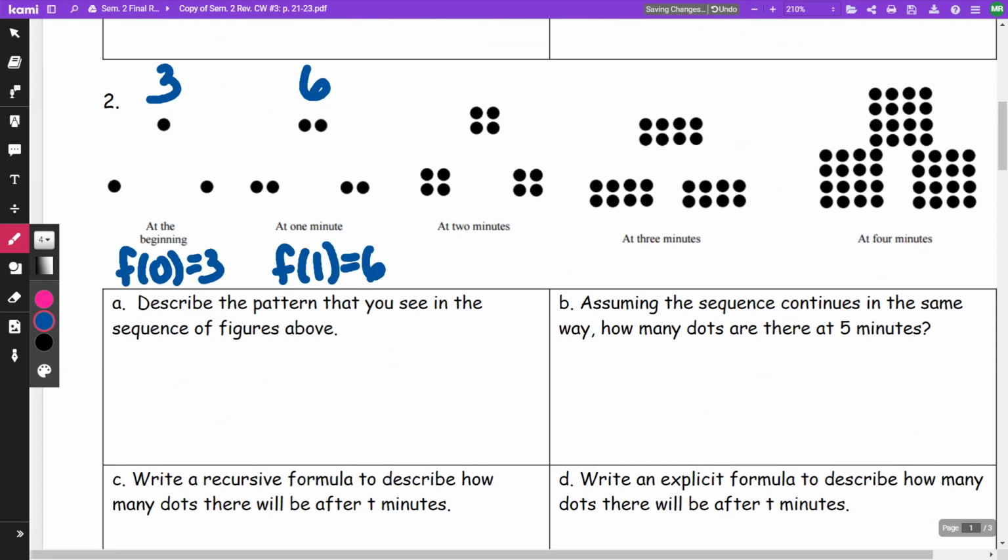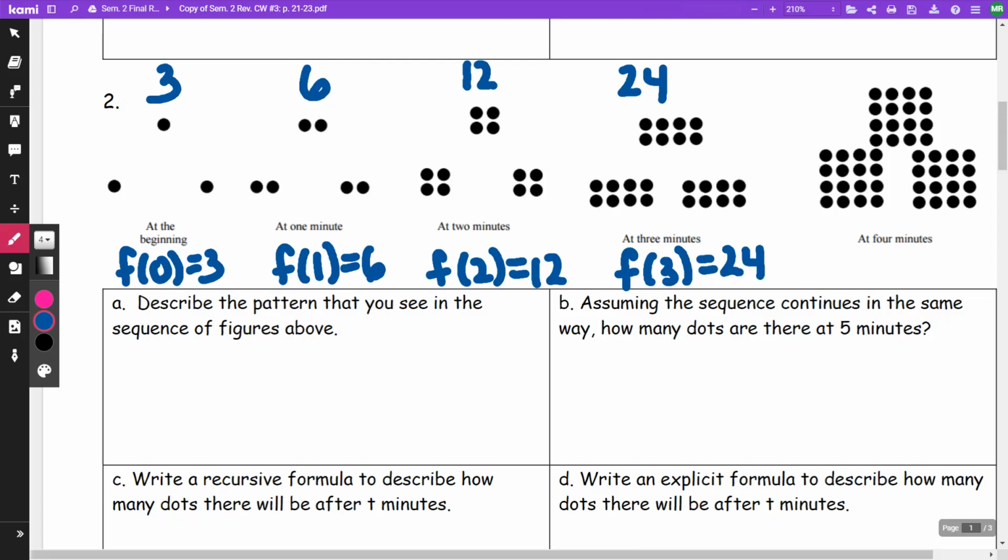At 2 minutes, we have 12 terms. So f of 2 is 12. At 3 minutes, let's see, we've got 24 because we have 3 sets of 8. So f of 3 is 24.